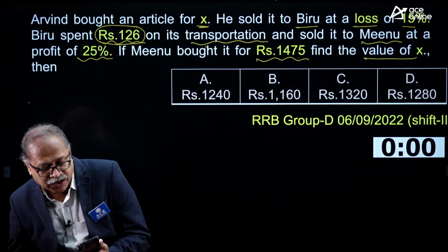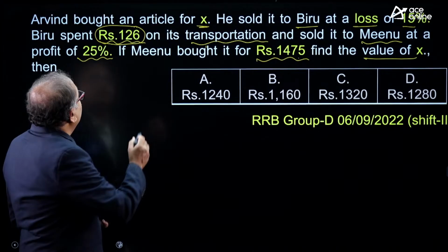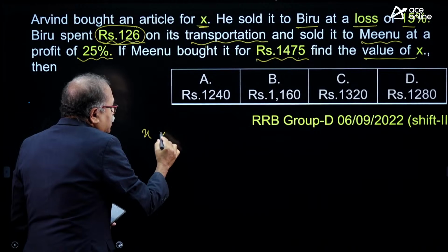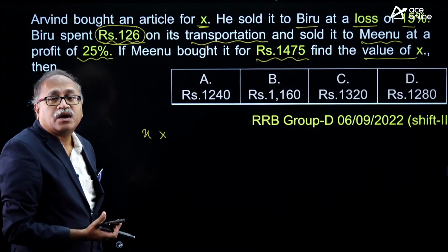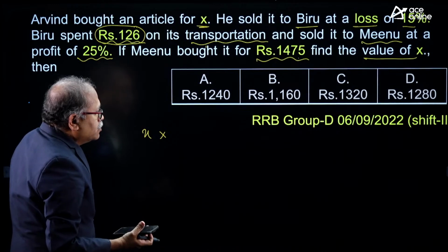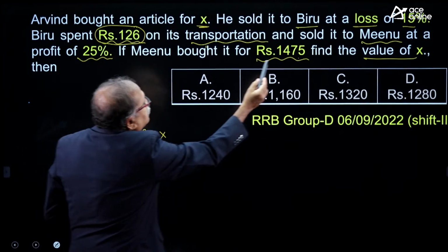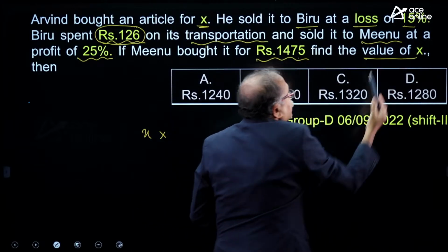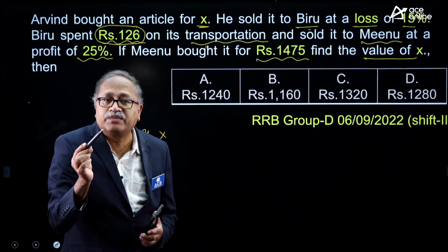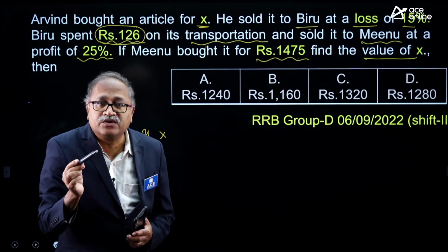The time is up. Let me explain what is the best way to answer the question. So here the initial value is X. Take the X here. After that, he sells it to Biru at a loss of 15%. That means he is selling it at 85%, and the 85% fraction is 17 by 20.